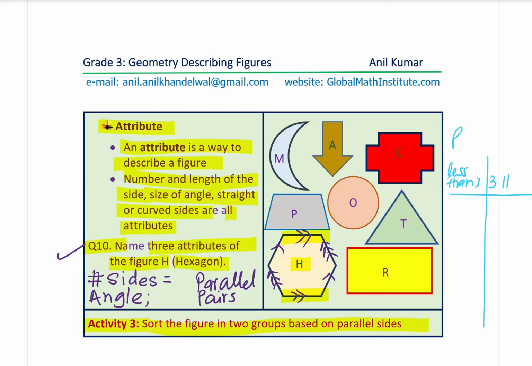Parallel sides we're talking about. And then you can write down in this particular table the figures which have three parallel sides and the figures which have less than three parallel sides, correct? So likewise, you could also add more activities.